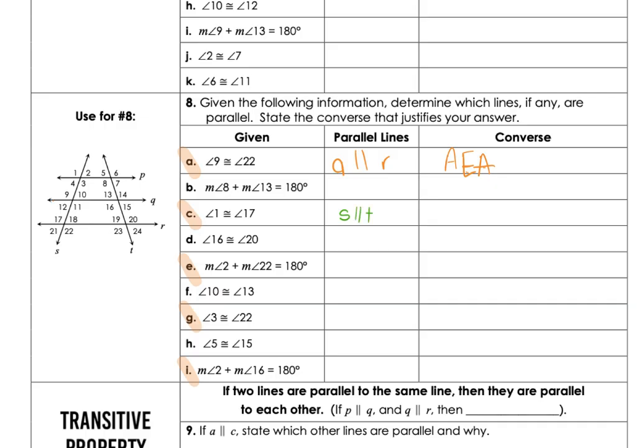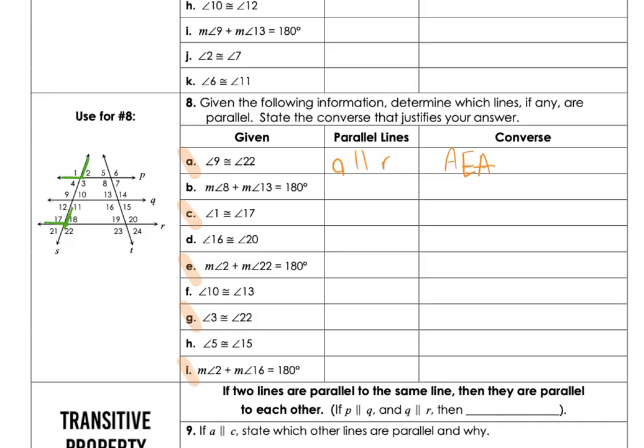Is S parallel to T for that? No. What is it? Highlight your 1 and your 17. Put an angle in for angle 1, angle 17. Is that just S?